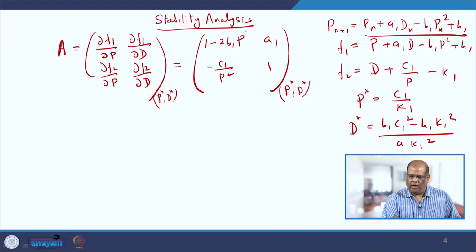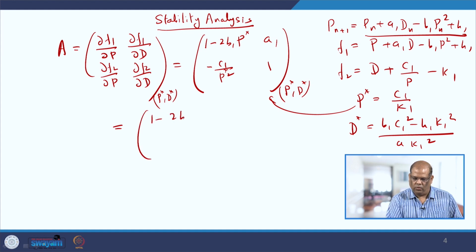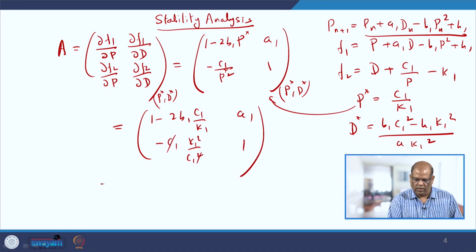Now as you can see here, it is only p star, so we substitute this value here and you will get 1 minus 2 b1 c1 by k1, a1, minus c1 k1 square by c1 square, one of them cancels, and 1. So if I simplify, it is 1 minus 2 b1 c1 by k1, this is a1, this is minus k1 square by c1, and 1.